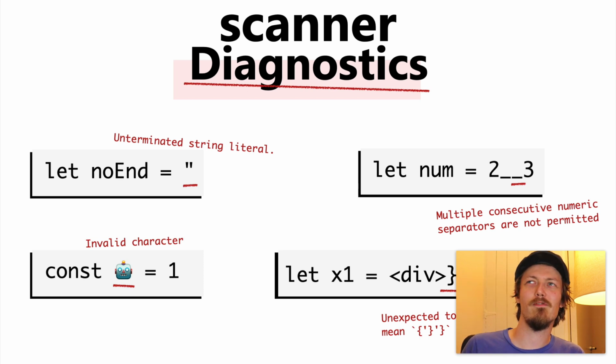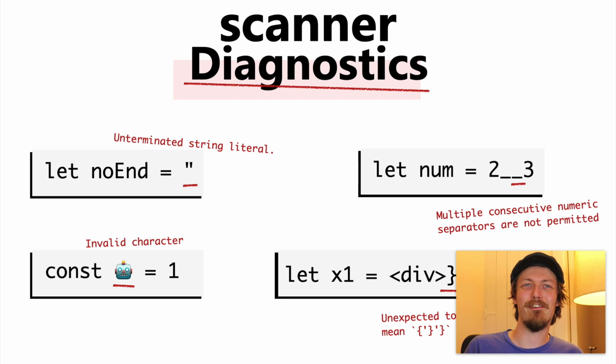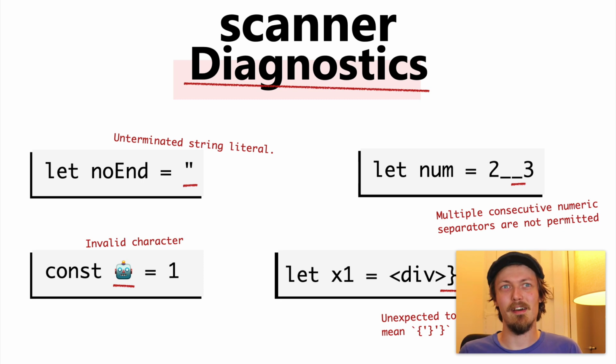You can never run a JavaScript file realistically if the quote never ends. I guess you could, but it would not probably do what you want. And it's illegal to have two underscores inside a number, and that would cause a runtime error straight away. So the scanner can understand a lot of these simple rules and will raise them whenever it sees them.